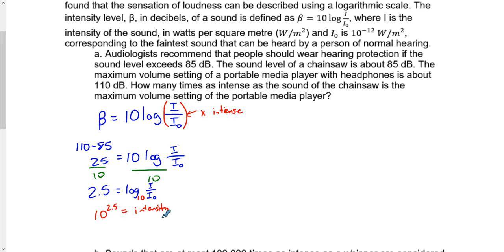And 10 to the power of 2.5 is approximately 316 times. Actually, I'm not going to write the x, I'm going to write times. Yeah, about 316 times more intense.